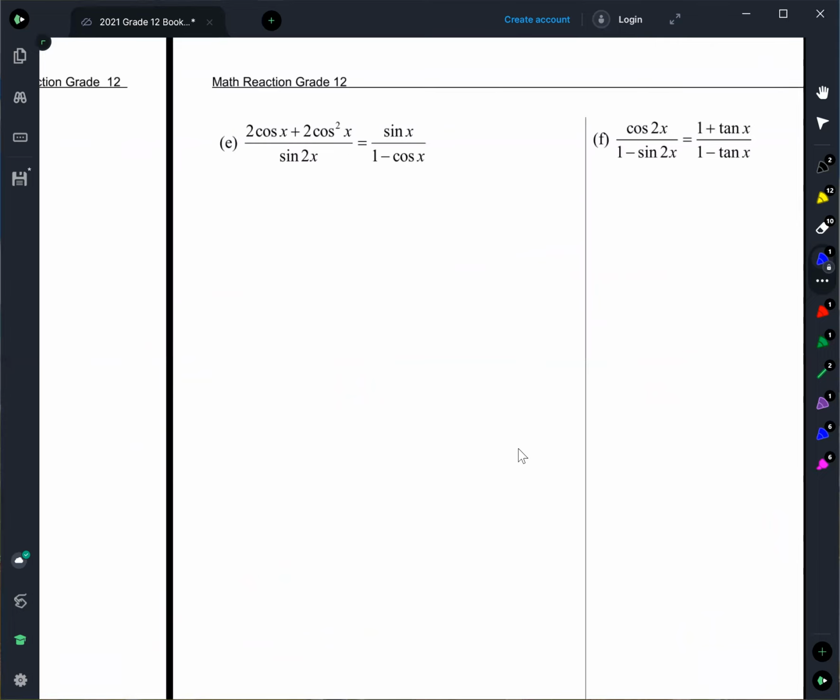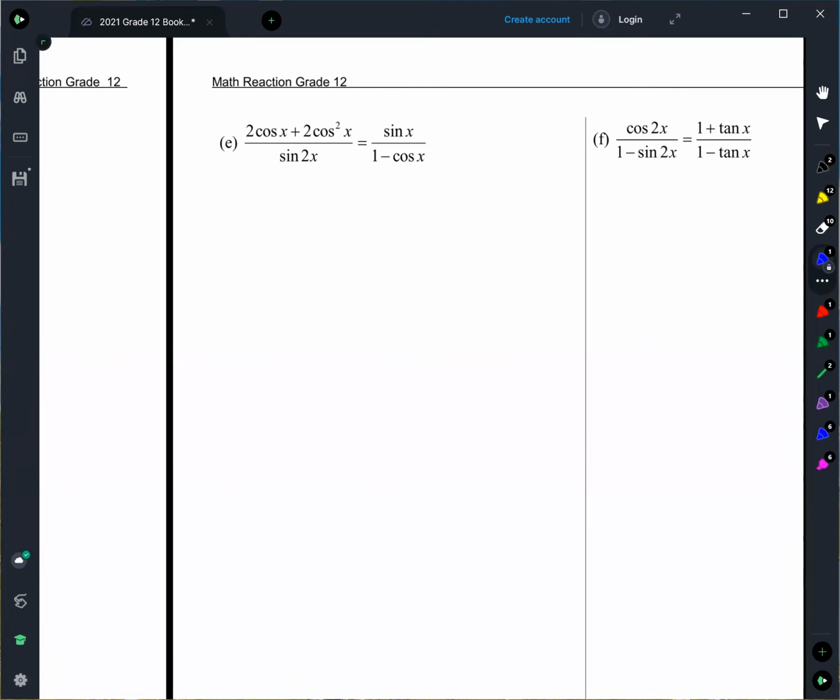For this one, both sides have fractions. Should we pick the left-hand side or the right-hand side? Chris, which side do you want to start? Left-hand side. Why?